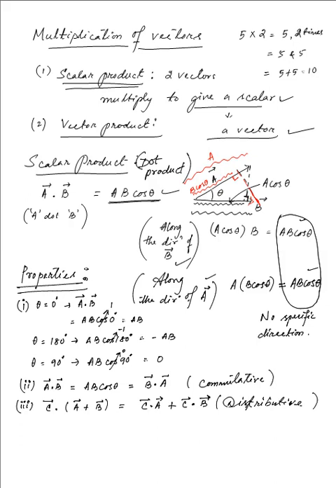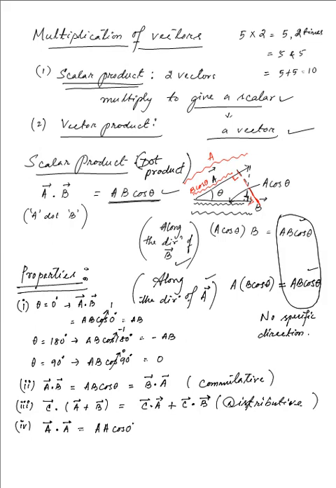While also in case of a vector being multiplied with itself, now if I have a vector A which is in dot product with itself, obviously you have the angle between the two A vectors to be 0. So you have A times A times cos of 0.